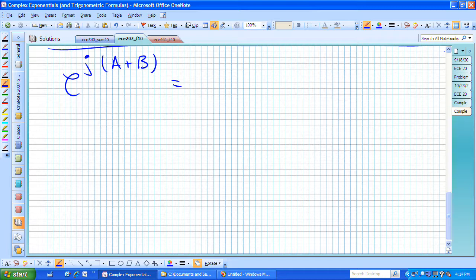Here's e to the j of a plus b, and we could view a plus b as the sum of two angles. That by Euler is just cosine of the argument, which is a plus b, plus j sine of the argument, a plus b.